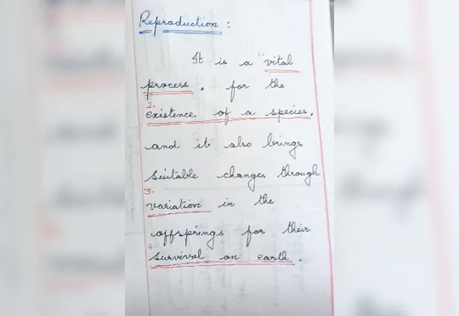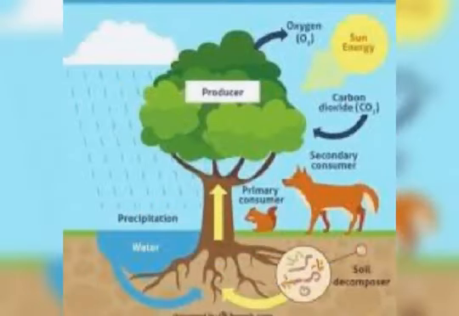Why is reproduction given such importance? The whole universe is made up of living things and non-living things. Living things cannot survive without the help of the abiotic factors. If a plant needs to grow, the plant needs sunlight, it needs water, it needs air.